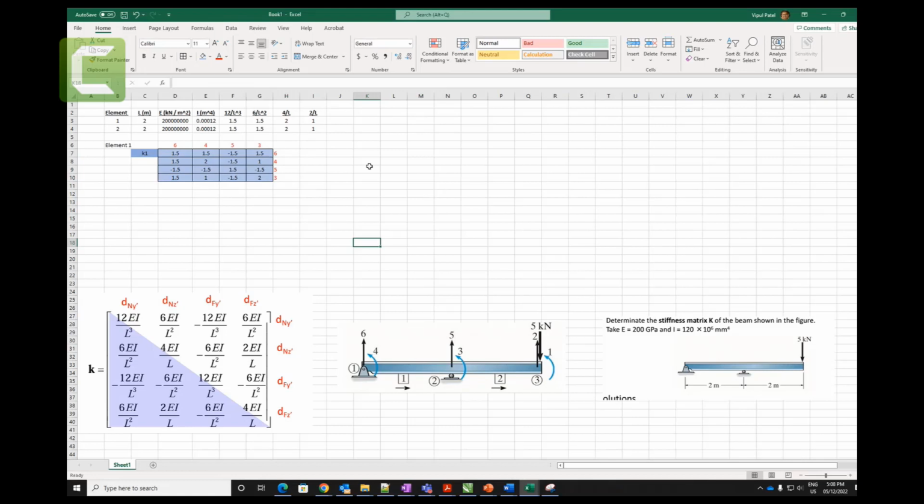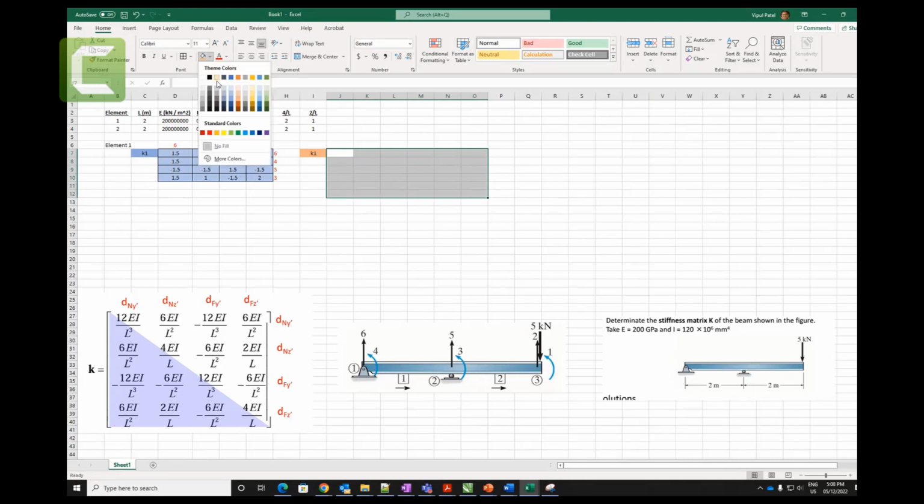We can make this K1 here. Again, let's put it in different colors, let's say. And we need a 6 by 6 matrix, right? Because you remember that 6 by 6 matrix: 1, 2, 3, 4, 5, 6, and 1, 2, 3, 4, 5, 6.